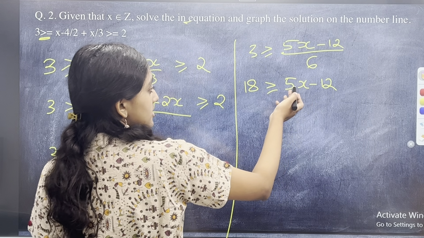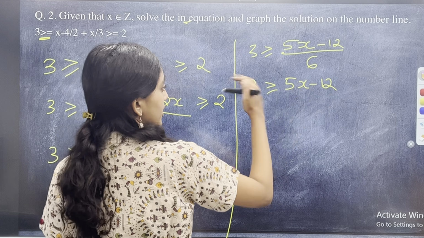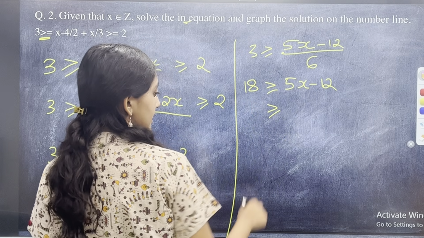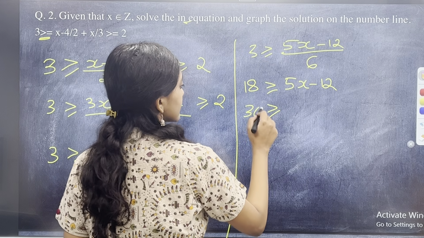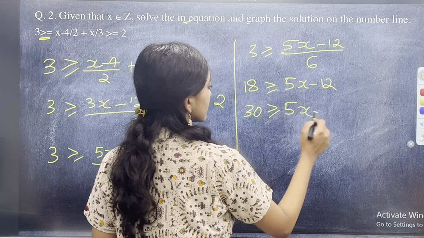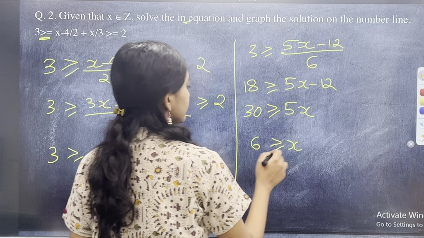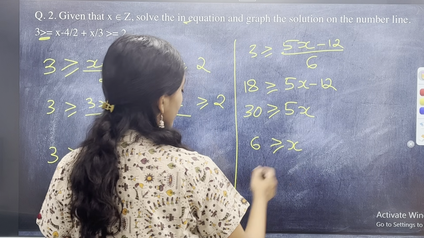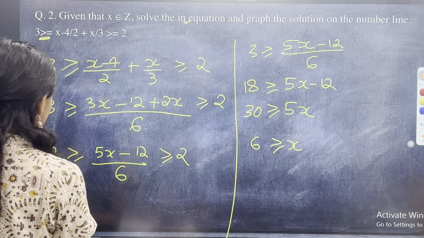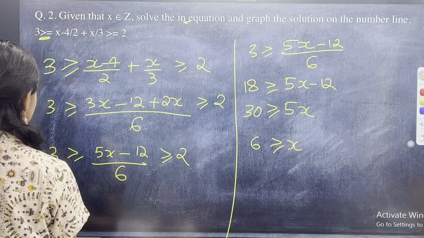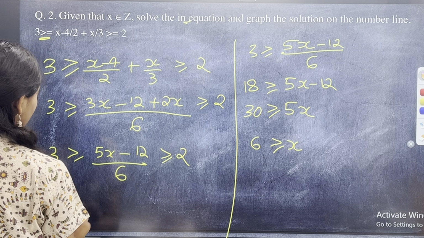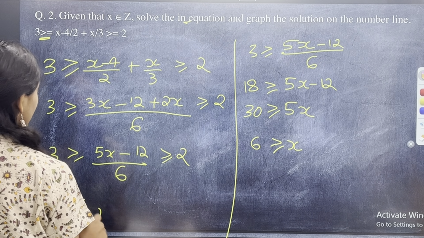Let's bring positive 5x, so positive में होना चाहिए, so we bring this side. So plus 12 plus 18, 30. 30 is greater than or equal to 5x. So therefore 30 divided by 5 is 6. So basically 6 is greater than or equal to x. So basically it means x is lesser than or equal to 6.